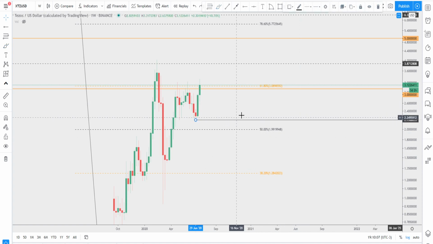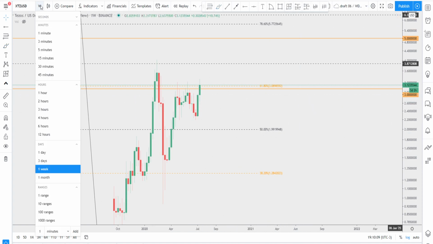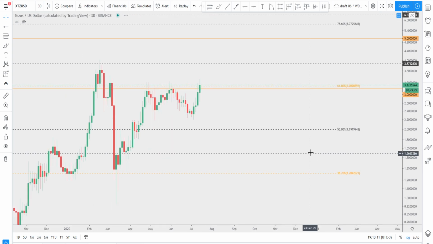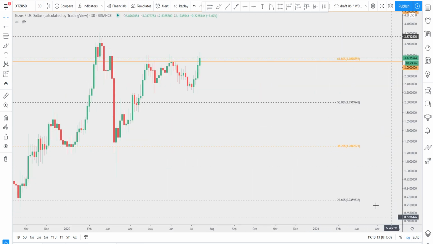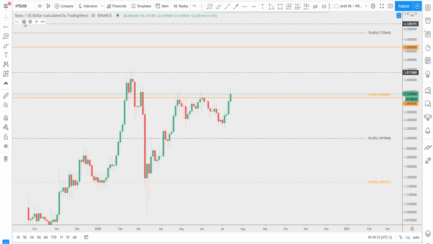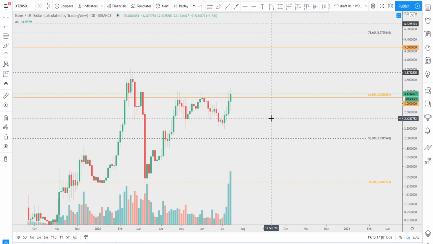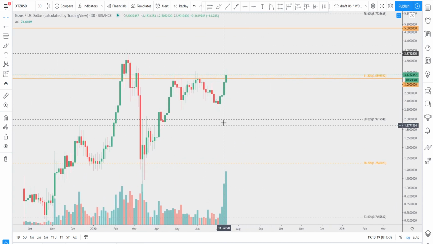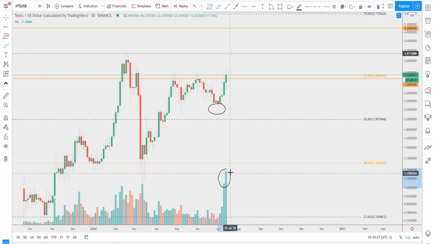So yeah, let's take a closer look now for the daily. I mean the 3 days. Let's take a look on volume as well. So we have ranging volume after the golden range, which can be FOMO. These last two, the big ones here, can be FOMO.